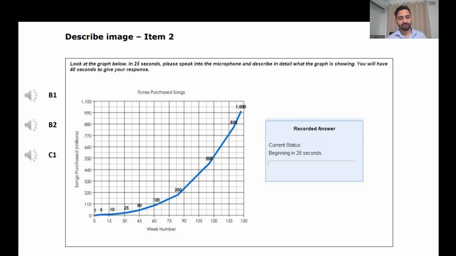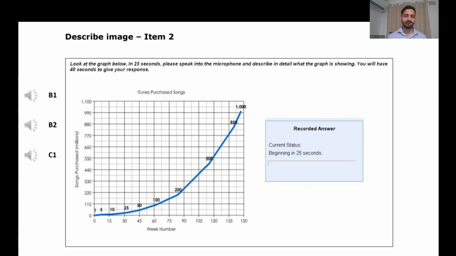Okay, so I'm going to look at the B1 response. The graph shows iTunes purchase songs statistics in week number.